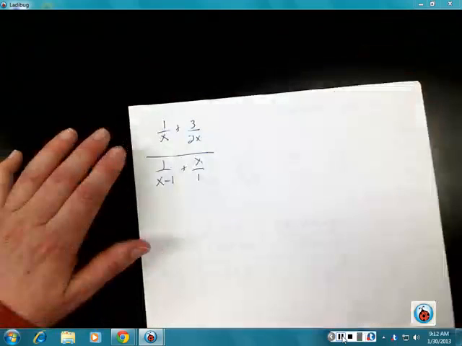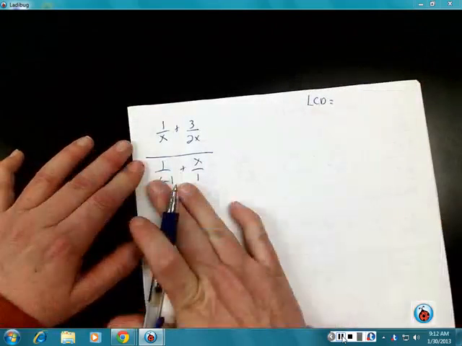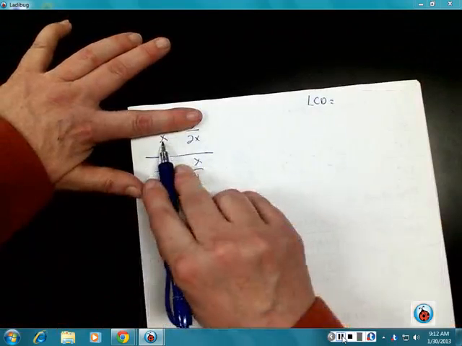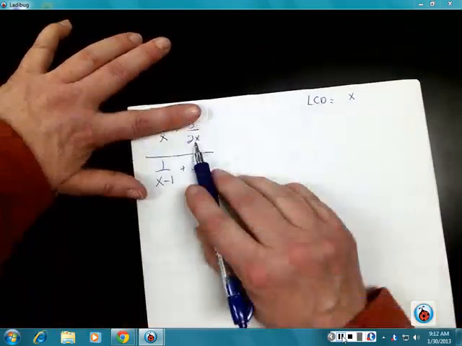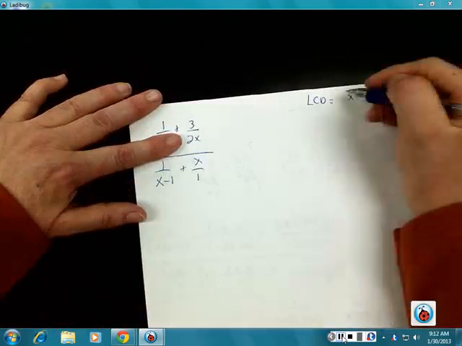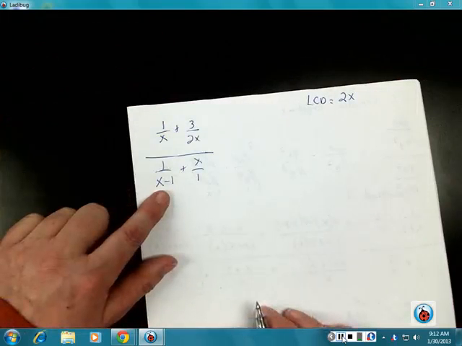So remember, we're finding the LCD of the whole problem. So my LCD on the top, what do I have in my first one? Well, I got an x, right? What do I still need in the second one to make it match? I need a 2. If I go down to my bottom, what would I still need?